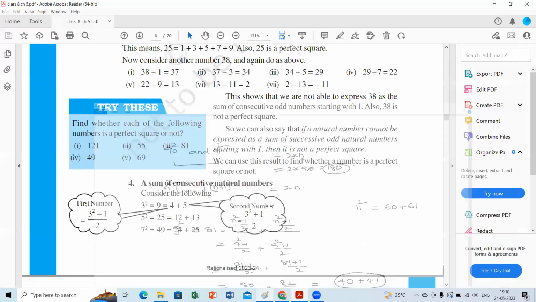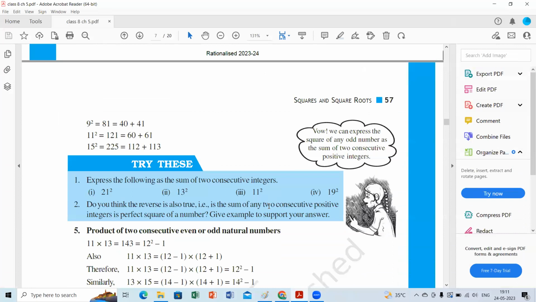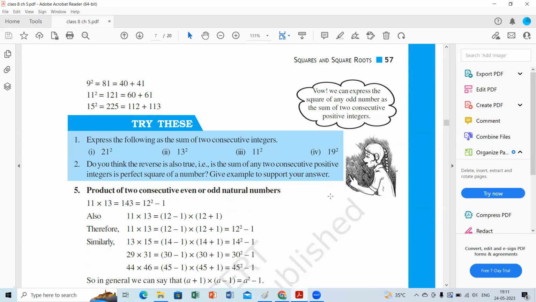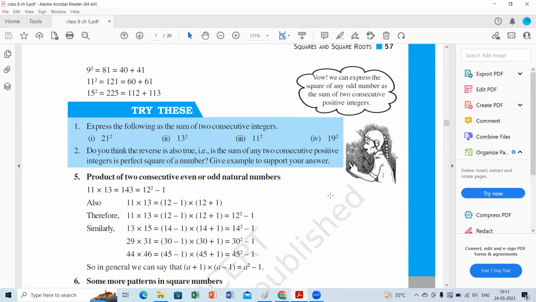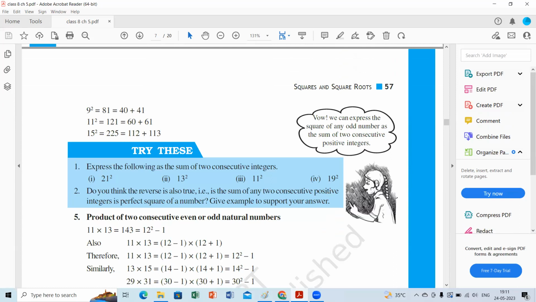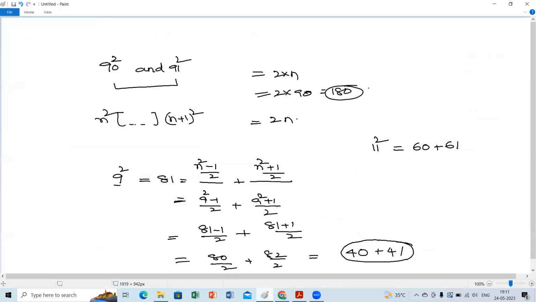Not only this, children, we are going with the product of two consecutive odd natural numbers. Harika asks: the rule you explained, that any square number can be written as the sum of two consecutive numbers, does it apply only to odd square numbers?